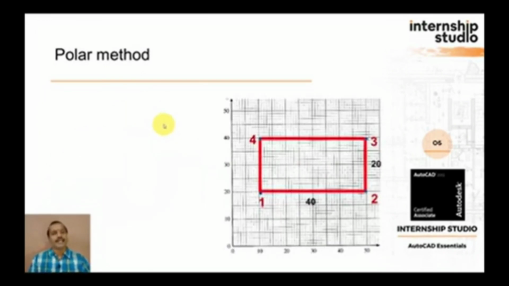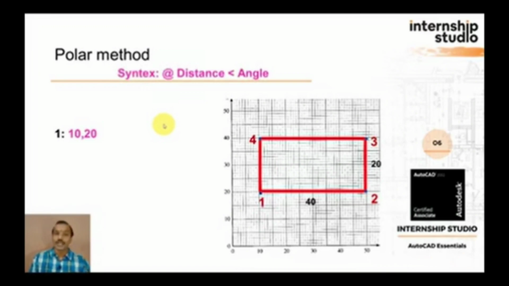Now let us take the same example, a rectangle of 40 mm by 20 mm. We are going to find out whether we get the same rectangle at the same location or not. As usual, I am going to take the first point, which is 10,20. Then the second point I am going to give based on the polar method. What is the rule? @distance of point 2 from point 1.